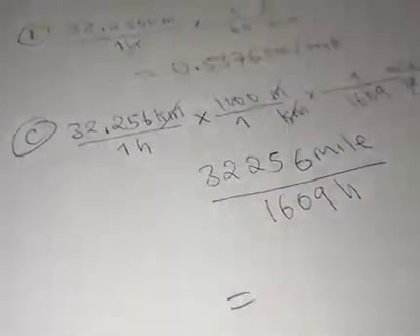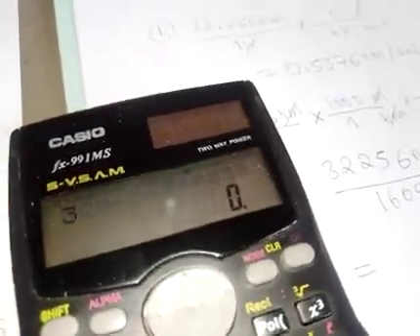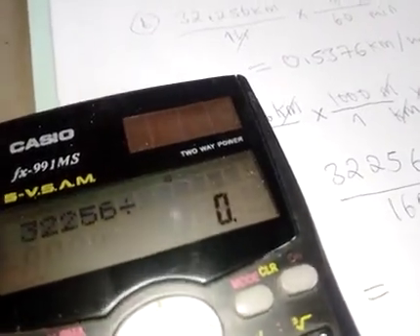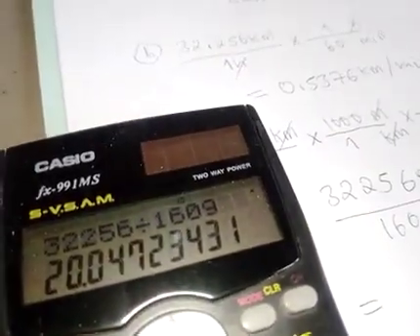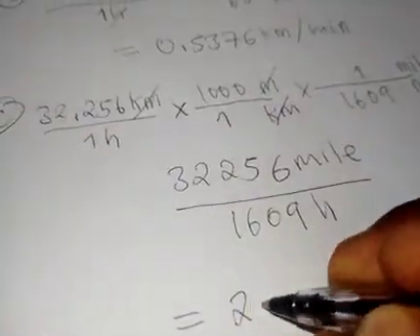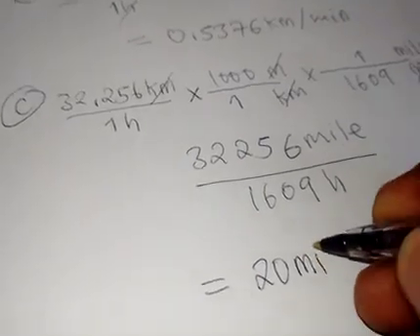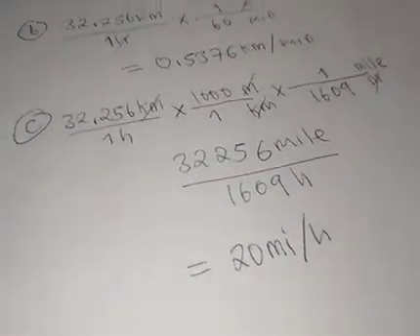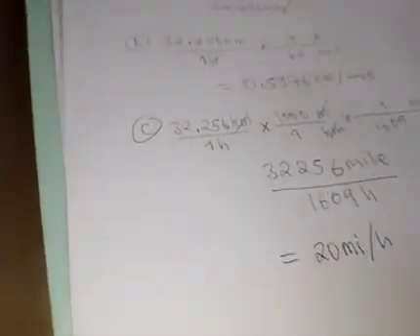And for the final answer, let me punch that on a calculator. 32256 divided by 1609, we get 20.0. So let's just get it as 20. So we have 20 miles per hour. We have converted.